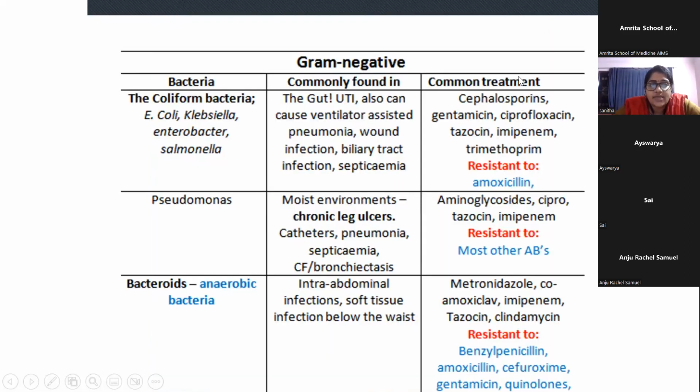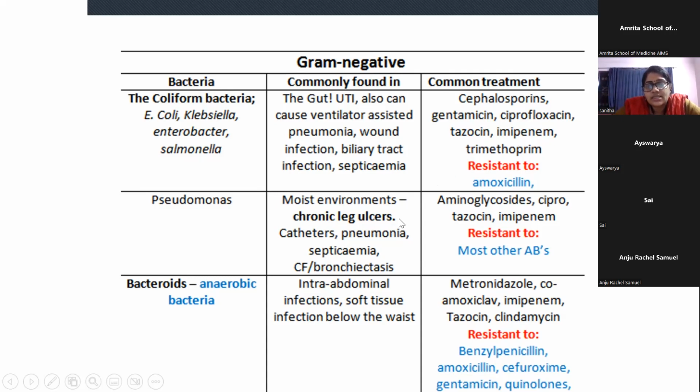So the gram-negative infections, the E. coli, that's the Enterobacter family, Klebsiella, Enterobacter, Salmonella family, is known to cause UTI, ventilator-associated pneumonia, wound infection, biliary tract infection, septicemia, for which the common modality of treatment is the antibiotics that are third generation, fourth generation cephalosporins, aminoglycosides, fluoroquinolones, piperacillin tazobactam combination, carbapenem, that is imipenem, then sulfonamide, that is trimethoprim.